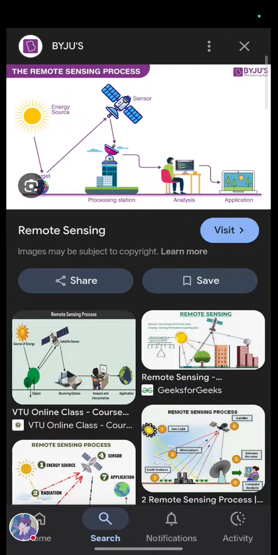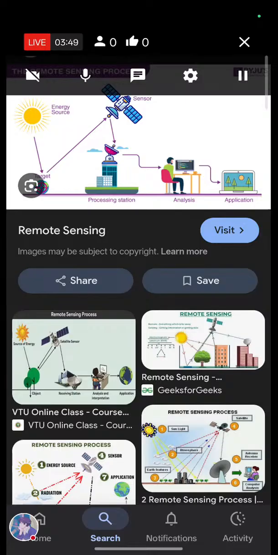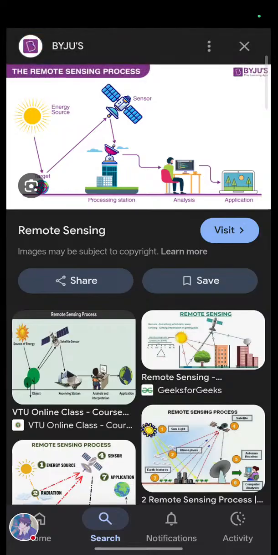Third is ground-based remote sensing. So there are three types of remote sensing: spaceborne, airborne, and ground-based.